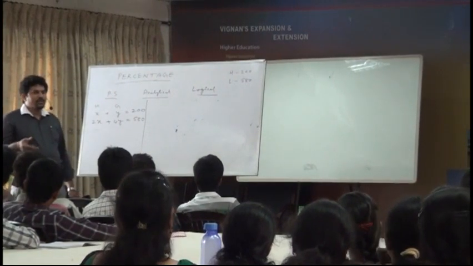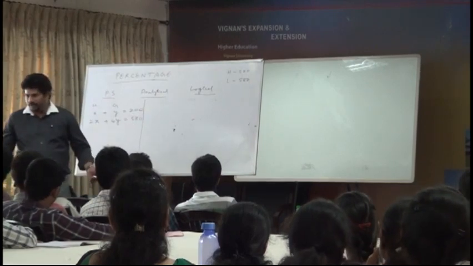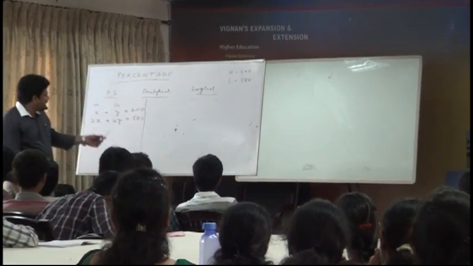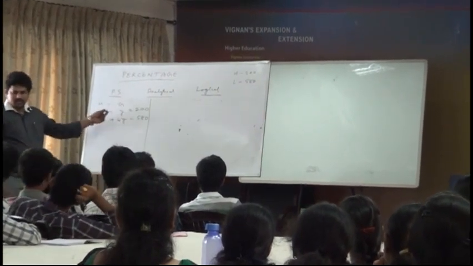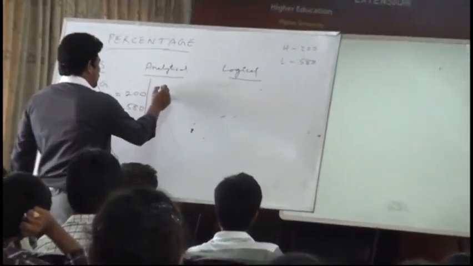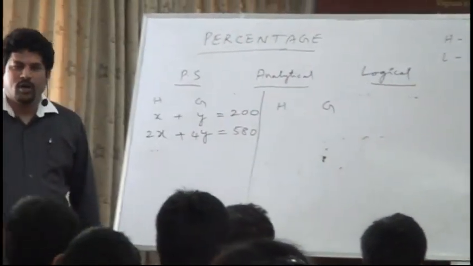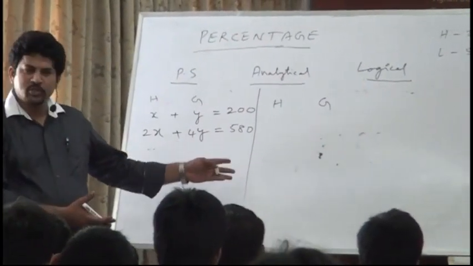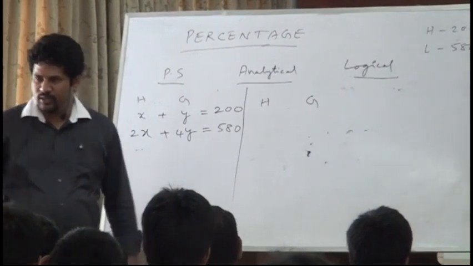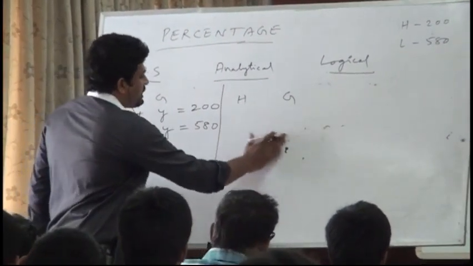If you have a mixture of 2 or more ingredients, this alligation rule can be applied, right? Indirectly, we have here a mixture of animals. There are 2 varieties of animals here. What are they? Hens and goats. So how do you apply this? We will be discussing this rule in detail in later sessions, right? So how many animals are there altogether?